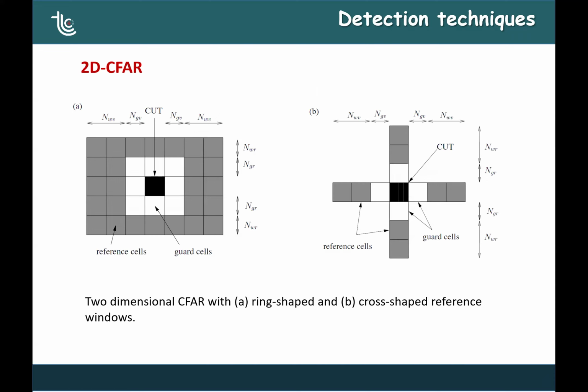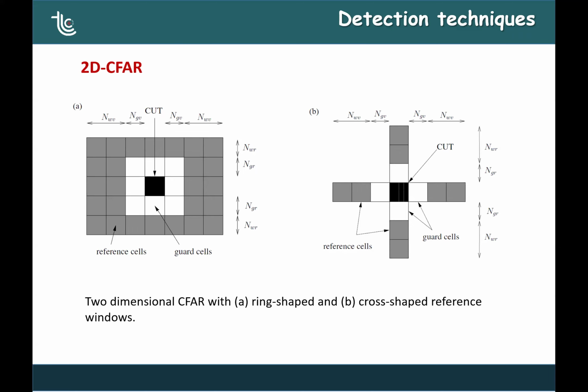The problem is that we don't know some of the parameters of the remaining noise, the power of the noise. And since this parameter is unknown, we cannot implement the usual Neyman-Pearson detector. So we need to first estimate the noise parameter, then adjust the detection threshold, and then detect the target.